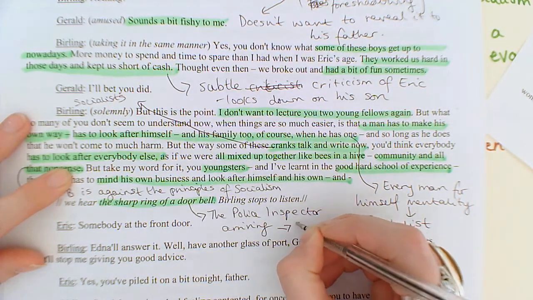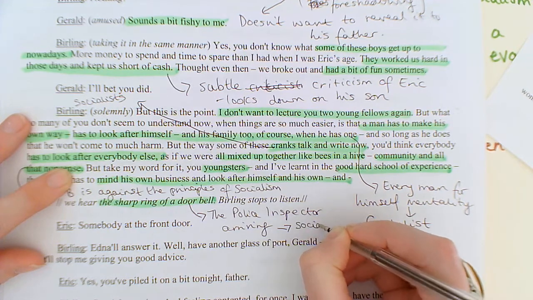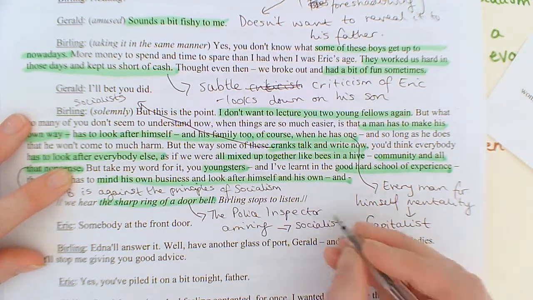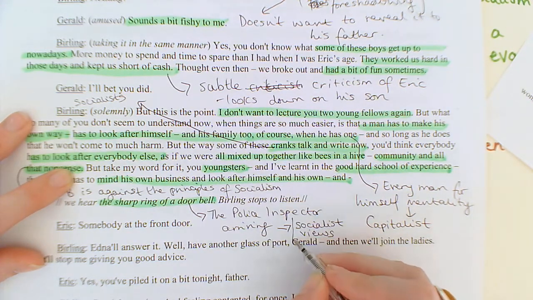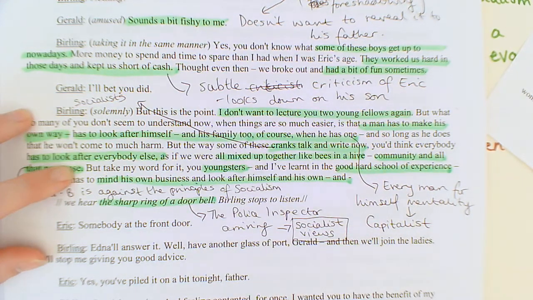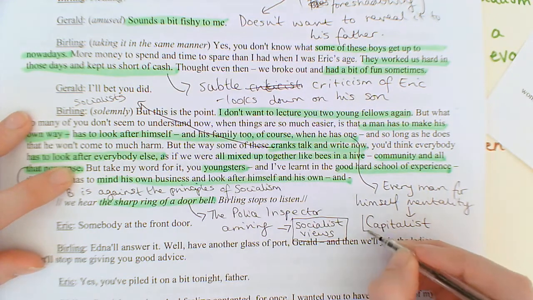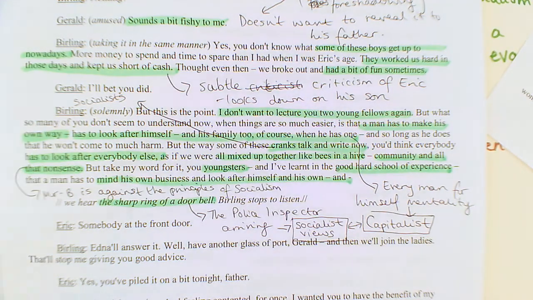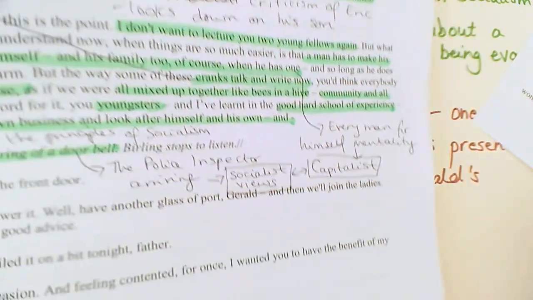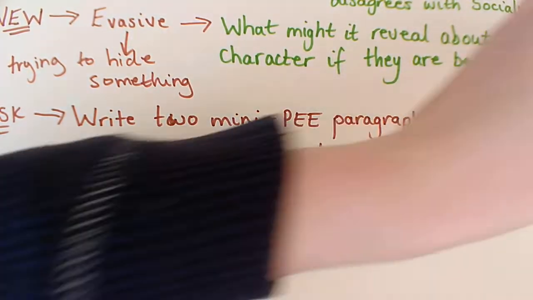And from this, we can infer that the inspector is going to have the opposite views to Mr. Birling, and he is going to be presenting socialist views on the stage to go against Mr. Birling's capitalist views. Okay? So that's all we're annotating for today.